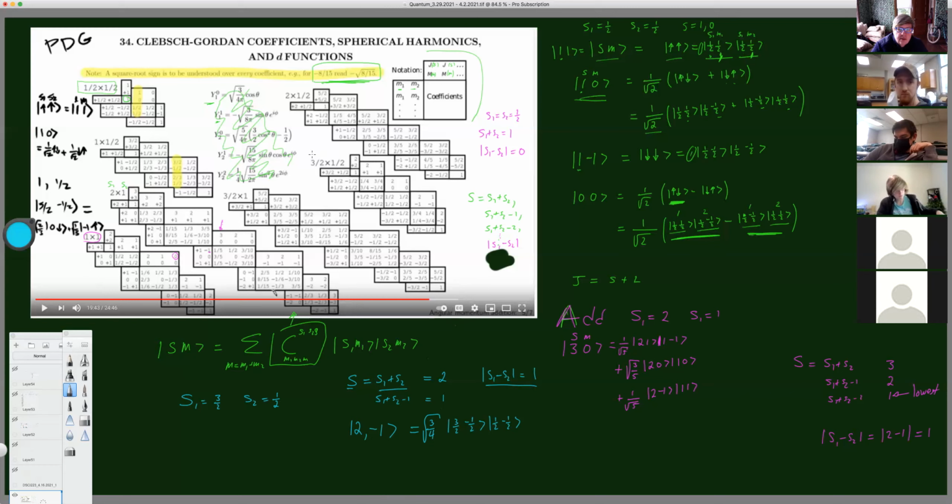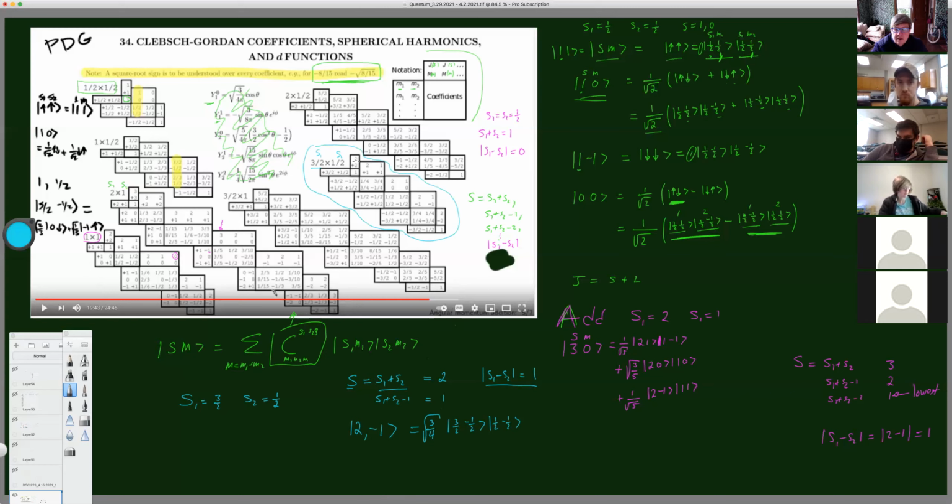So here's where you always look. S1 is always here, S2 is here. So you're looking at this whole part of the table, and only this part now, because we decided what our spins were.